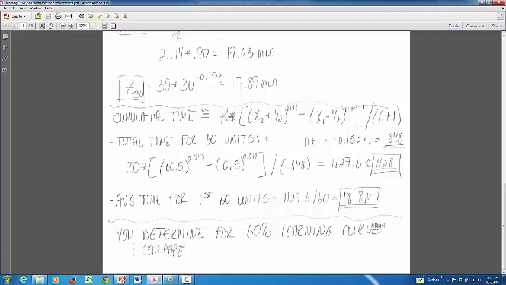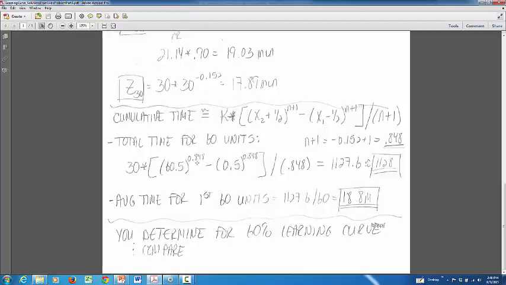So if we want to know the total time to produce the first 60 units, using a 90% learning curve, we have 30 minutes for the first unit, times 60, which is our x2, plus 1/2 is 60.5, raised to the 0.848.